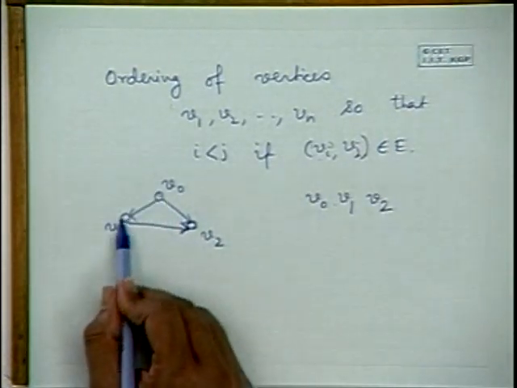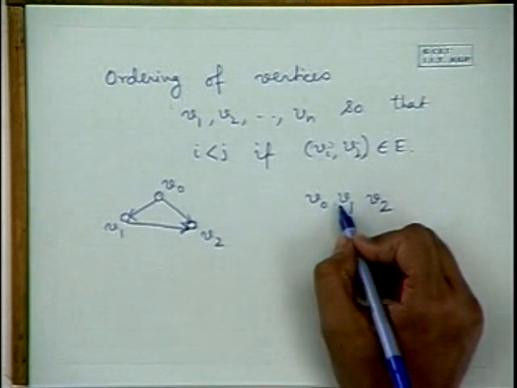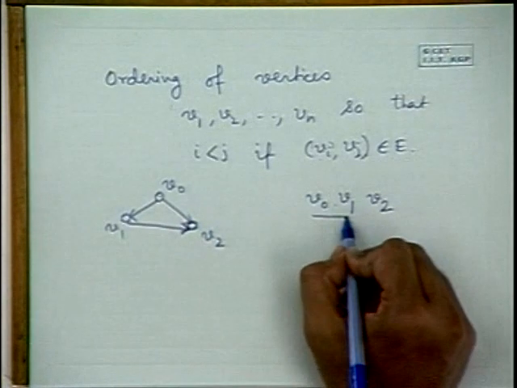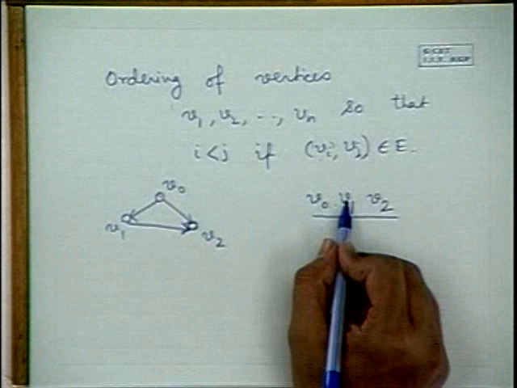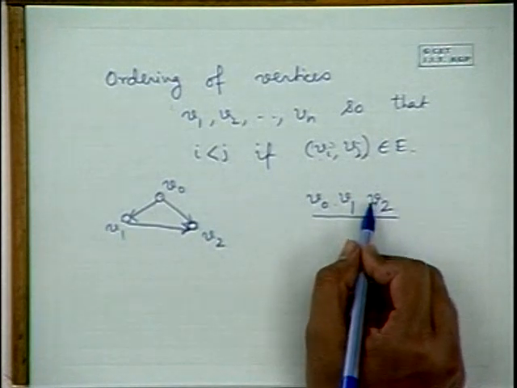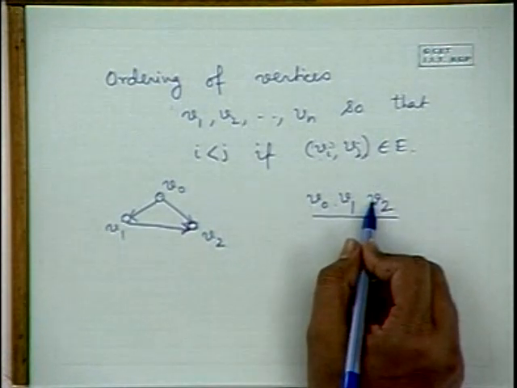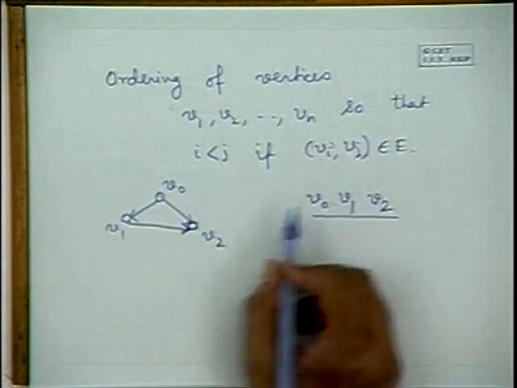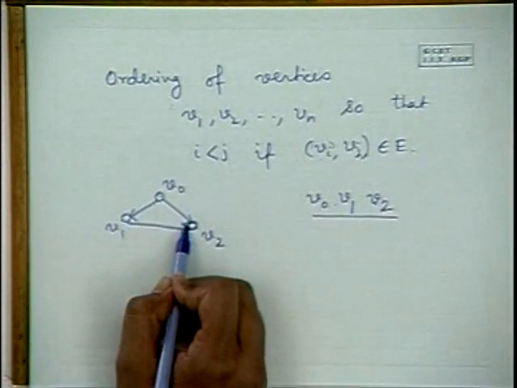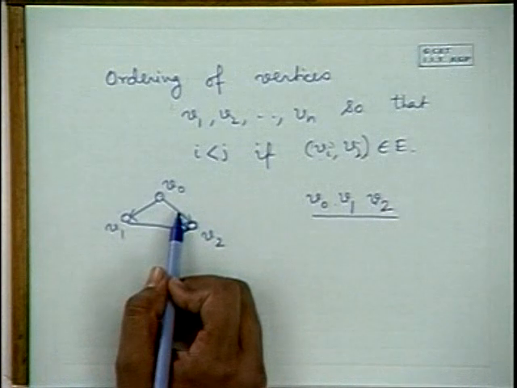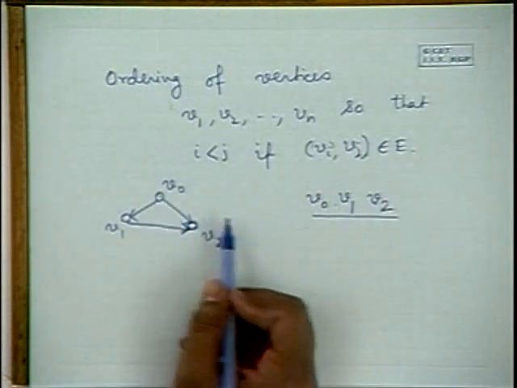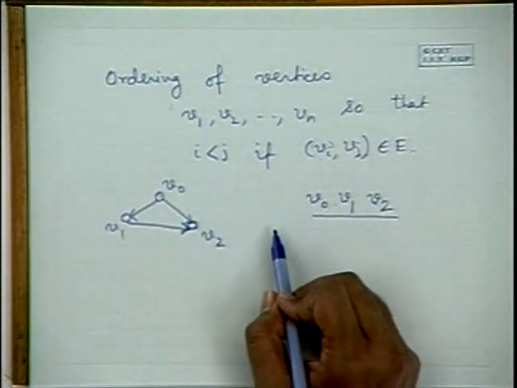Why? If I order these three vertices in this manner, V0, V1 and V2, you cannot have any two vertices which have an edge where the destination appears earlier than the source. It is not happening here.